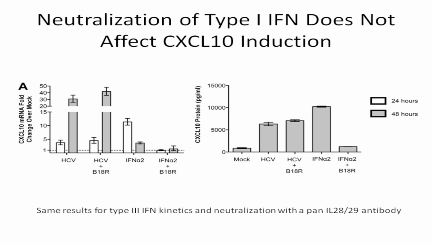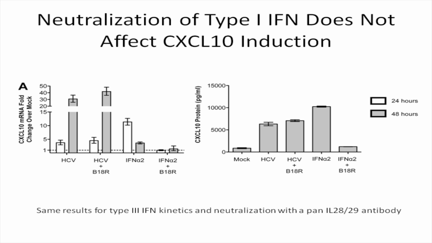And just to show you that the system works, if you treat with interferon alpha and examine at 24 and 48 hours after treatment, you can get induction of CXCL10. It kind of goes away by 48 hours, but B18R completely neutralizes the interferon induction of CXCL10.